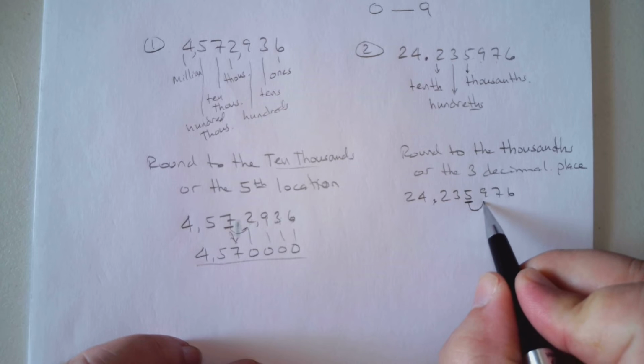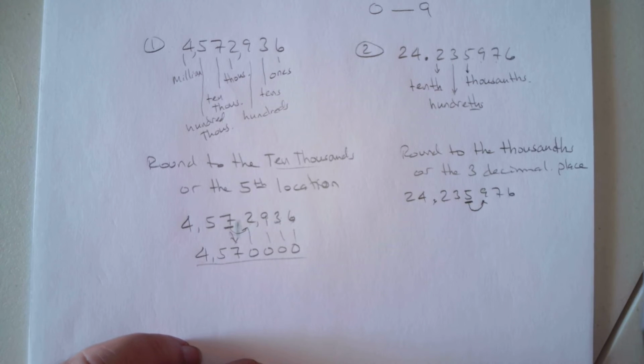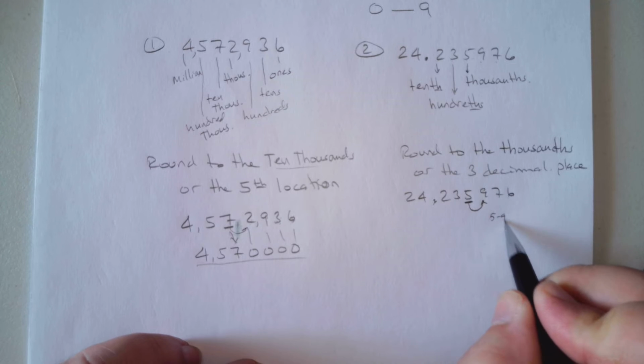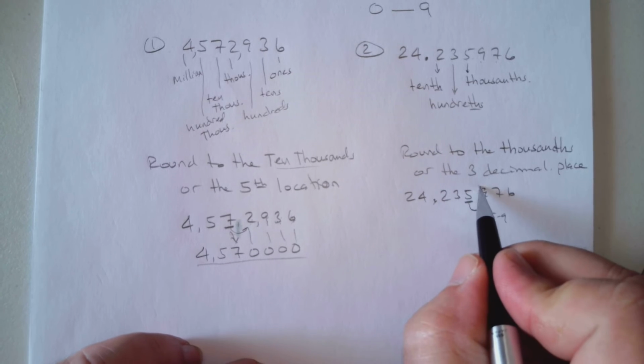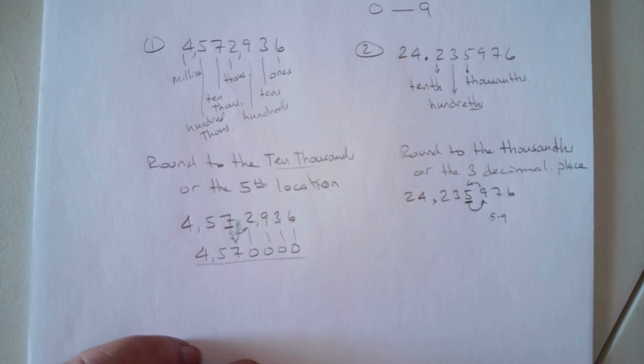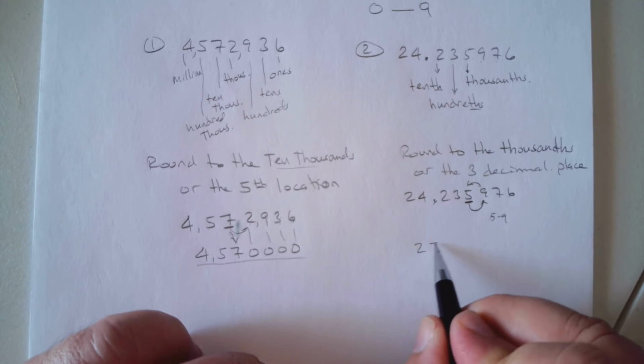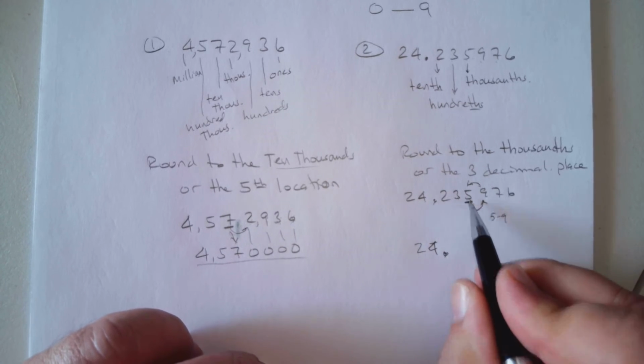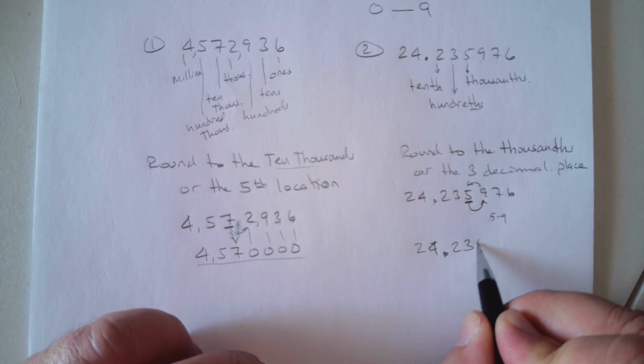So we look to the right. Since that number is between 5 and 9, I add 1 to the one I'm rounding. So it becomes, instead of 5, it becomes a 6.